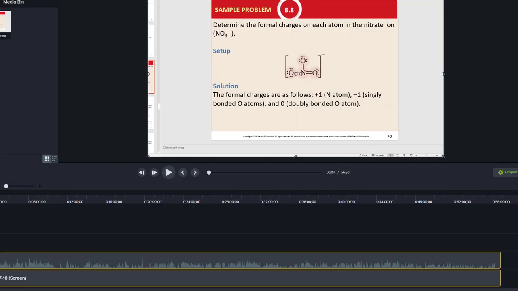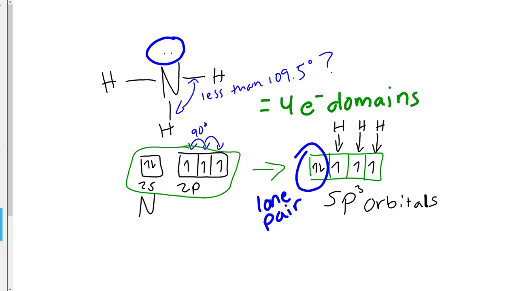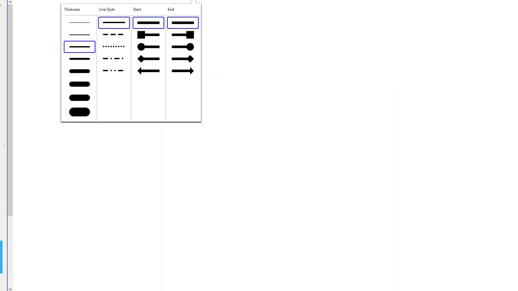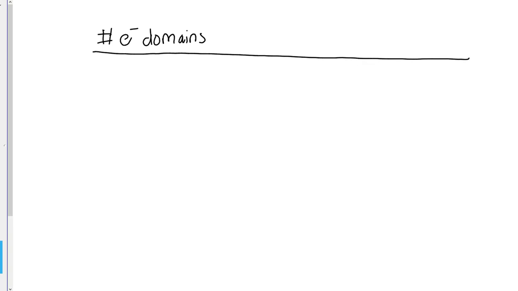Let's summarize this all in a table for you. So I'm going to make this table: number of electron domains versus hybrid orbital type.